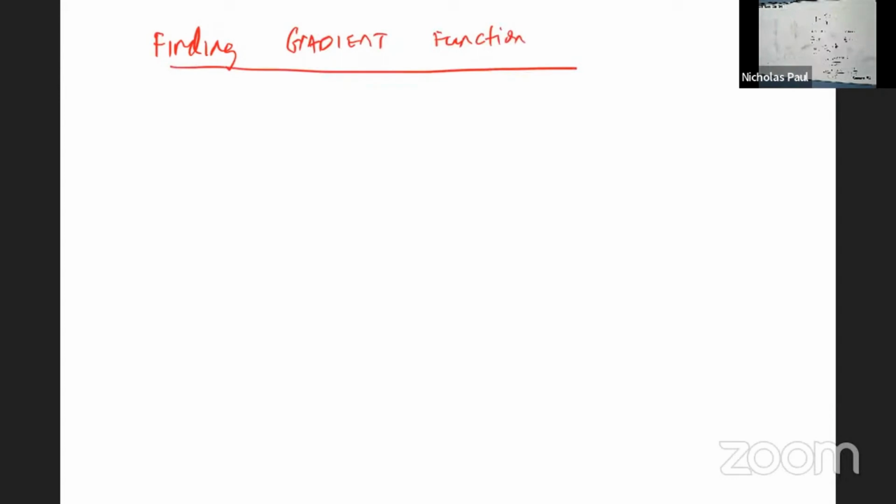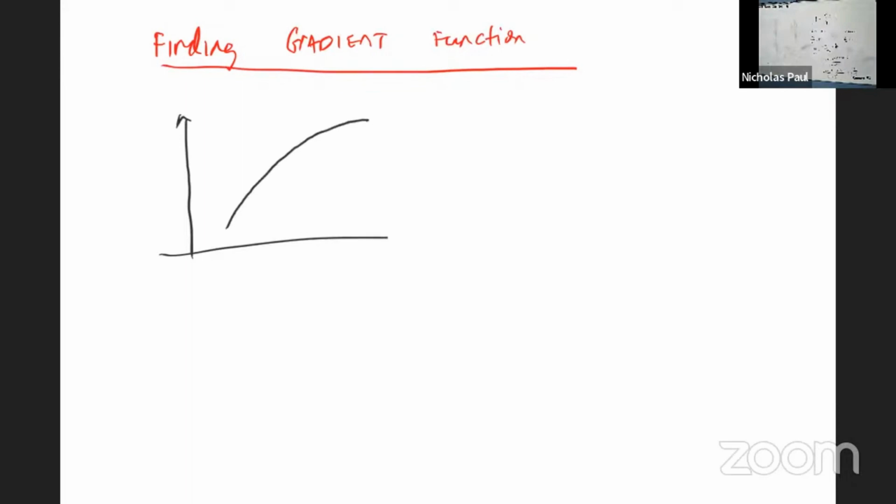So we're going to take a look at finding the gradient function, right? Let's say I gave you a function looking like that. That function is a curve, right?